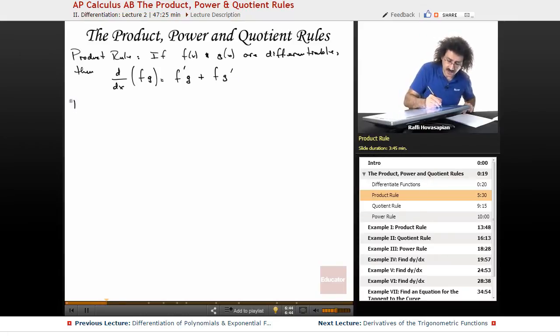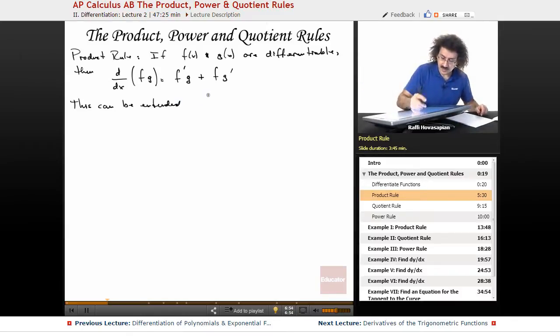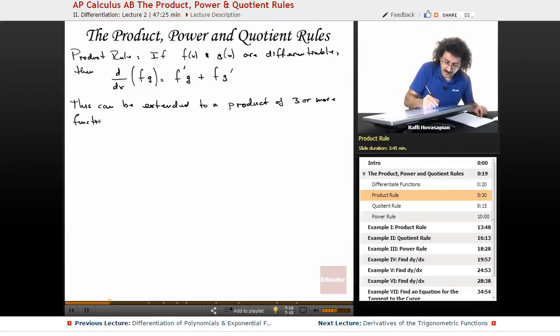Now, this can be extended to a product of 3 or more functions, and that's going to look like this.